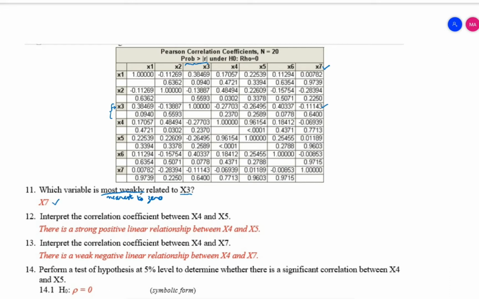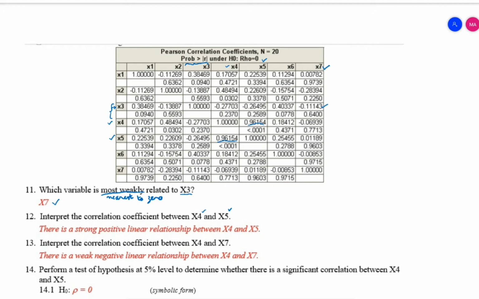Interpret the correlation coefficient between H4 and H5. Row H4, column H5, the value is 0.96154, or column H4, row H5, the same, 0.96154.